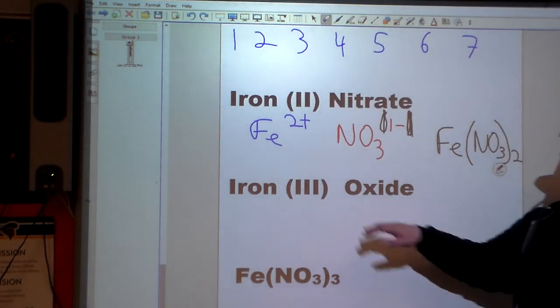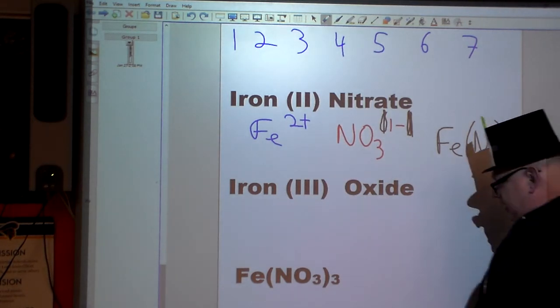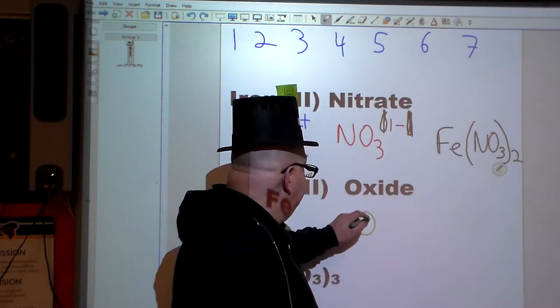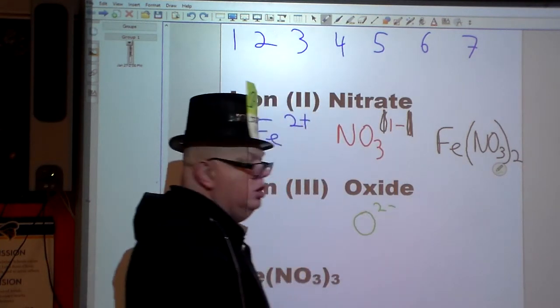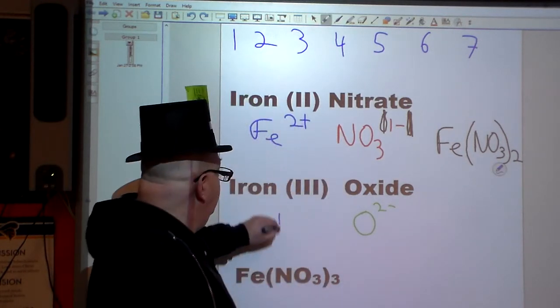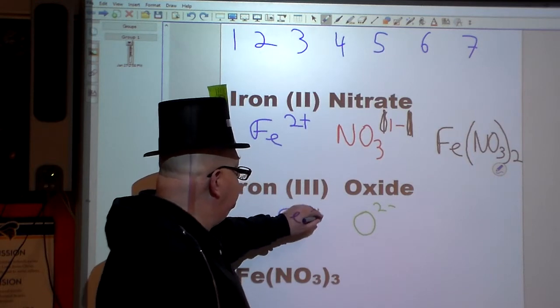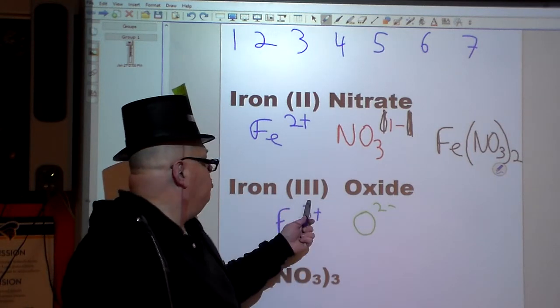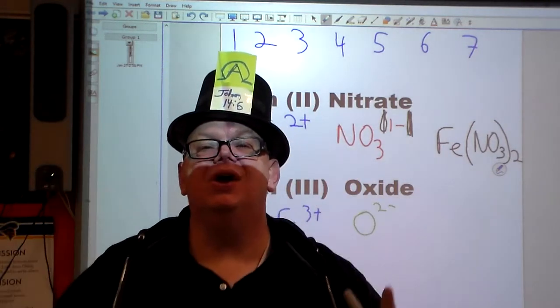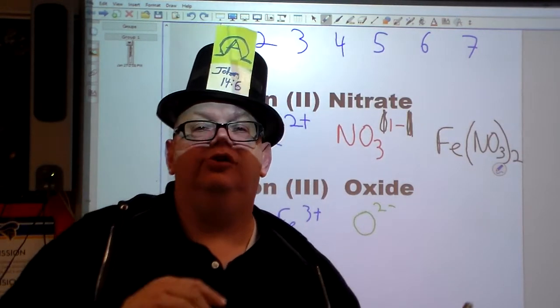Now, let's check this one here. Iron 3 oxide. Well, okay, oxide is going to be a -2 charge. Okay, and iron is going to be a +3 charge. How come? That Roman numeral. We have the Roman numerals because iron doesn't have one oxidation number.